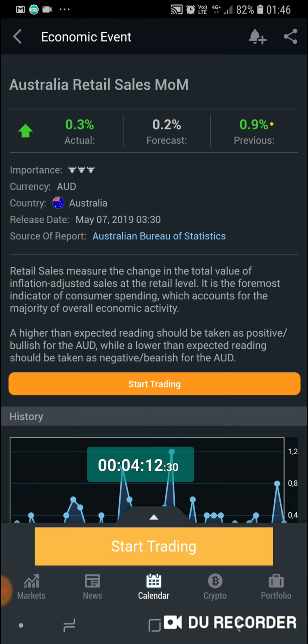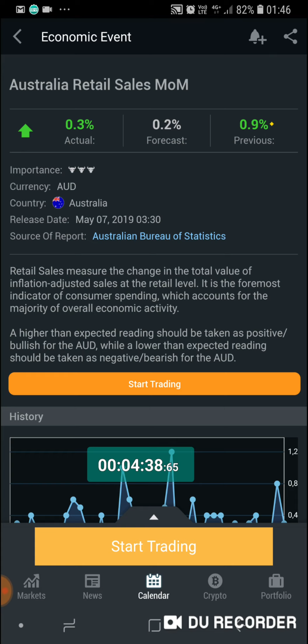So the data, when it's being released, affects the Australian dollar either in a positive way or a negative way. Remember, the market can only go up and down. Stocks can only go up and down. There is no other direction. So if it's positive, it means the Australian dollar's economy is going to go up, or it's going to be bullish.